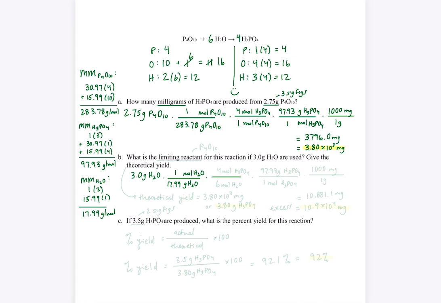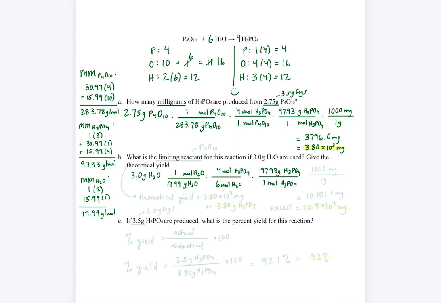Now we can look at the equation for our mole ratio. We're going from 6 moles of water to 4 moles of H3PO4. Now using the same conversion factor from the previous equation, we're going from 1 mole of H3PO4 to 97.93 grams of H3PO4.